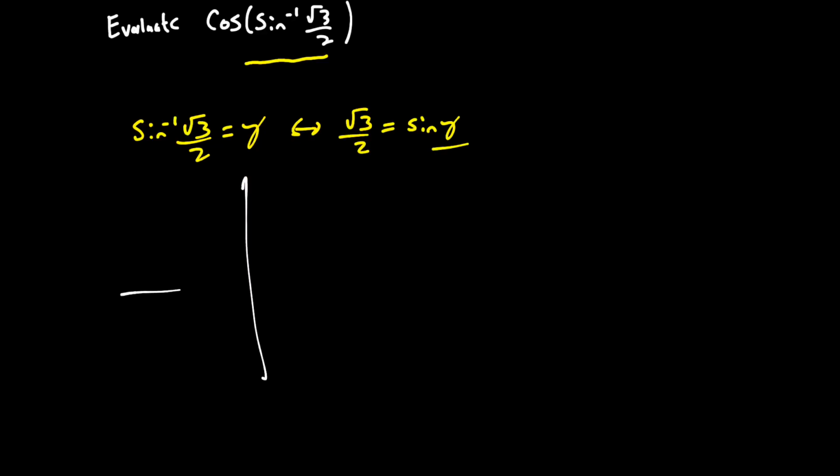If we go ahead and draw a quick picture, we know that sine inverse has a range between negative pi divided by 2 and pi divided by 2, and sine's positive in the first quadrant. So we want to form a right triangle in the first quadrant.